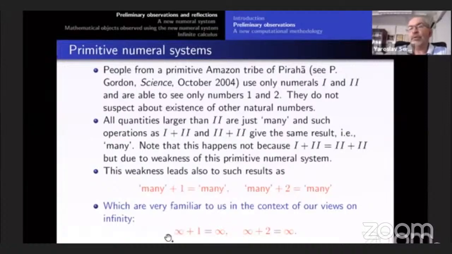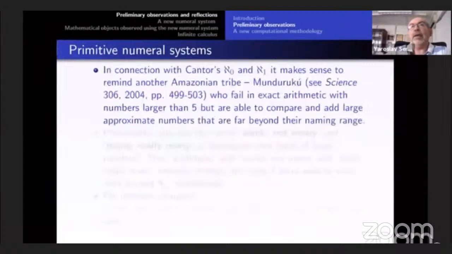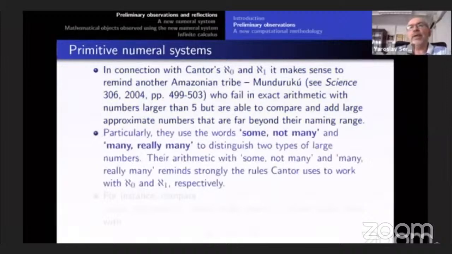So probably by introducing more numerals that can be used to express different infinite numbers, we can avoid this kind of situation. And it is interesting that close to Piraha in Amazonia, there is another tribe, Munduruku, that is able to distinguish numbers up to 5, and they have too many, some not many, and many really many.